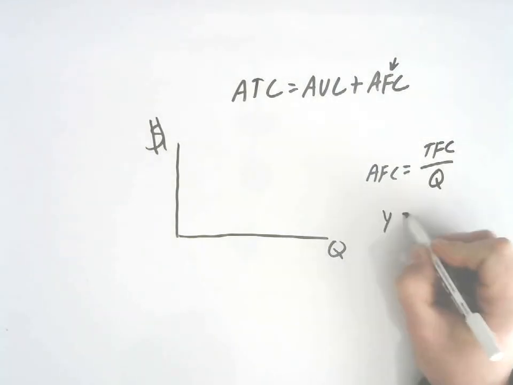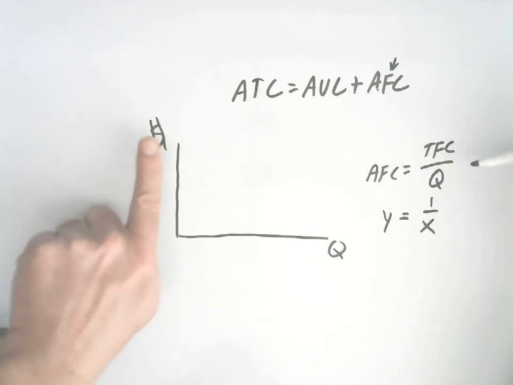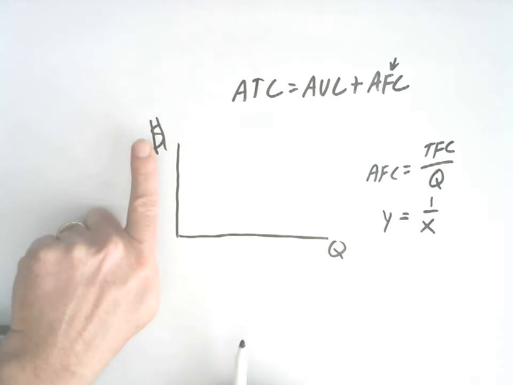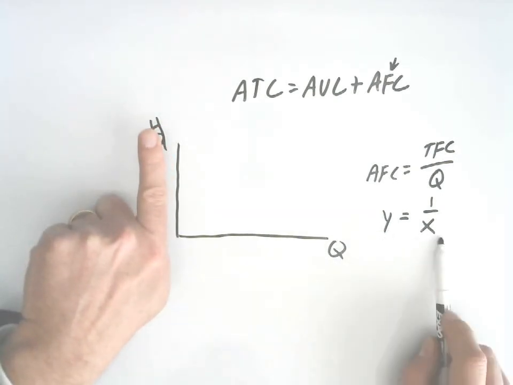Well, we all know the famous equation that we learned back in algebra, y equals 1 over x. This is exactly the same function, believe it or not. If I have average fixed cost on my vertical axis and Q on my horizontal axis, average fixed cost is simply y and Q is simply x.